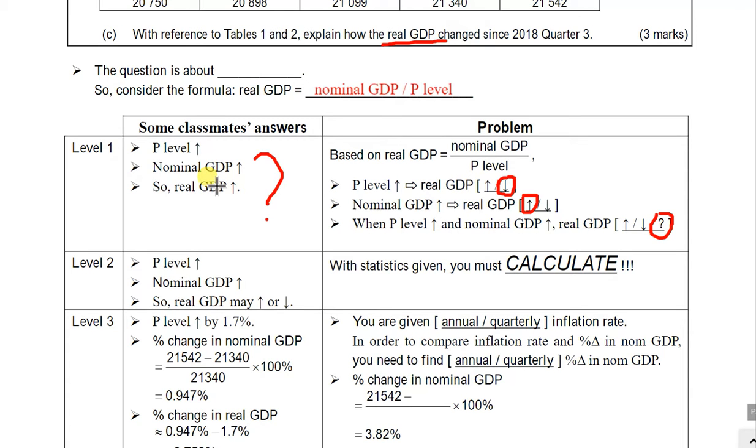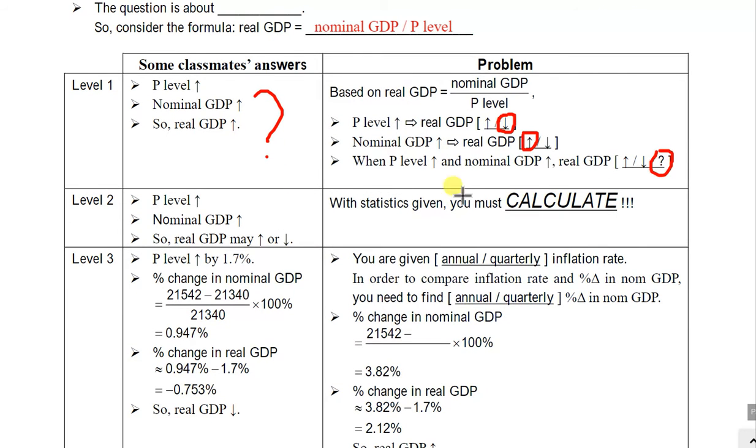And some of your classmates did better. You know that, finally, we don't know the change in the real GDP. And that's why you just tell me that these two increased, and that's why real GDP finally may increase or decrease. This is not the perfect answer either. Why is this not the perfect answer?